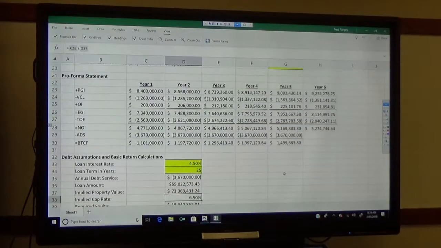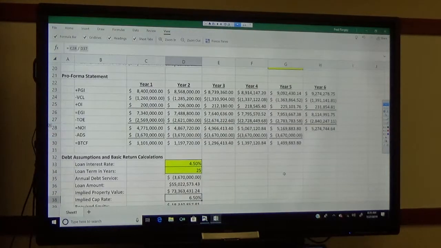We know what our implied value is. That's the 73,363,431.24. We know what our net operating income is. We still kind of have that here blurred out, but that's 4,771,000.